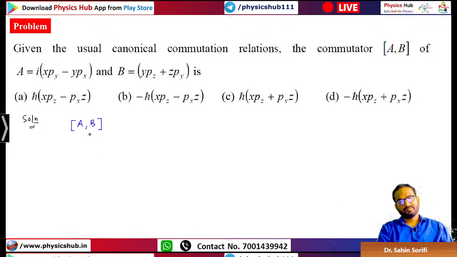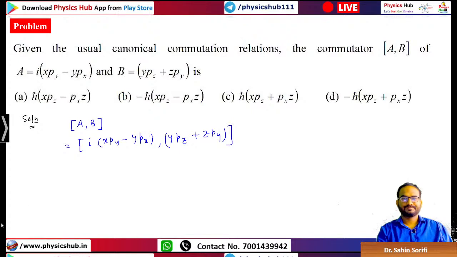Commutator of A and B: commutator of i times (x py minus y px), and (y pz plus z py).